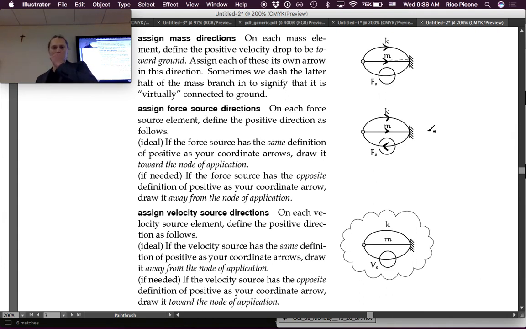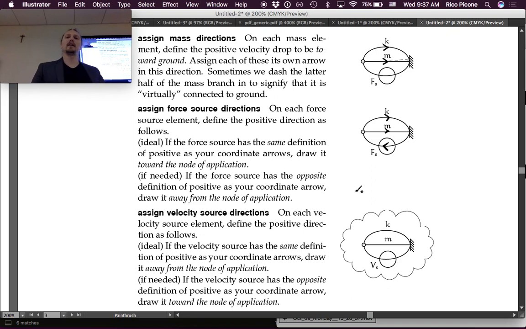If needed, we will have this other situation, which is the source having the opposite definition of positive as the coordinate arrow, which is not our situation in this case, but if that was the case, we would draw it away from the node of application.